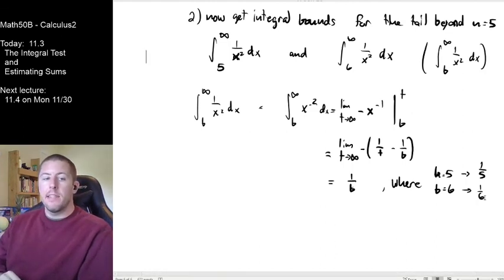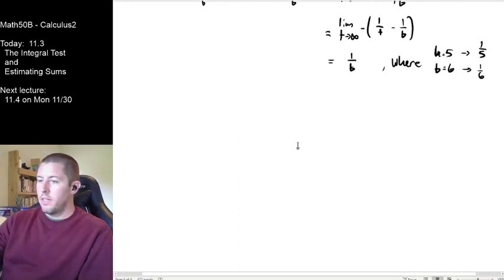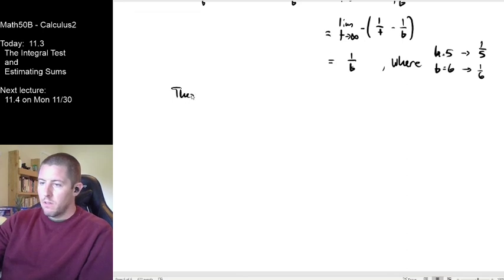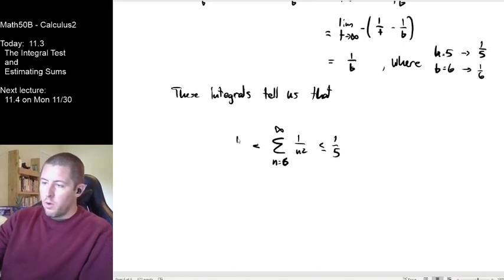Let me just say it like this. Here we go. So integrals tell us, no, we got 1 through 5. So the integral from 6 to infinity of 1 over n squared is stuck between 1/5 and 1/6.